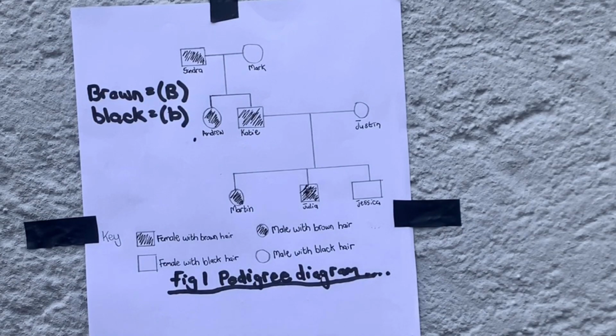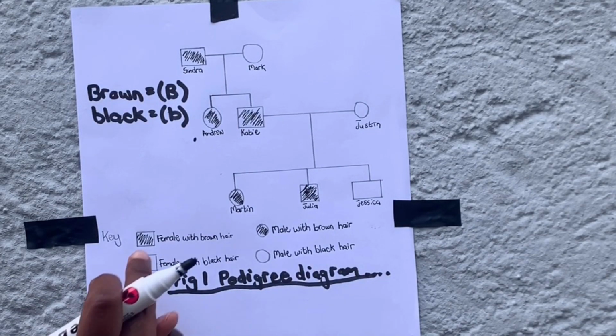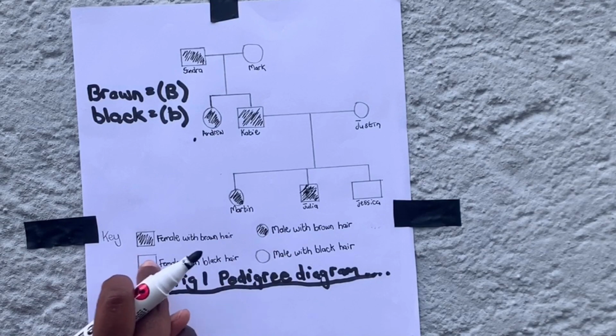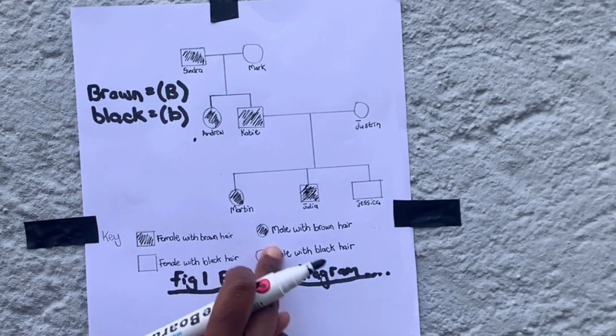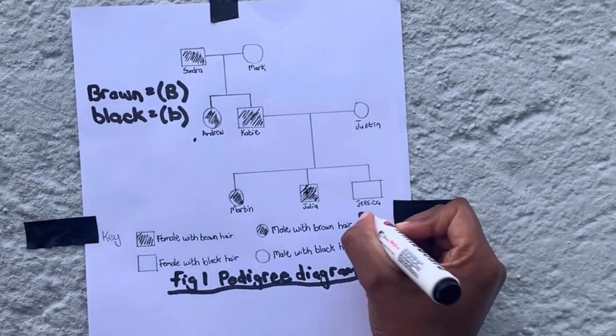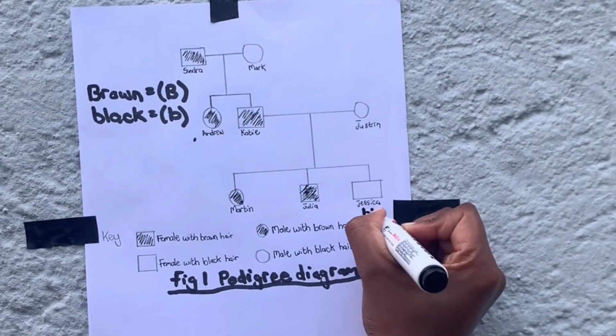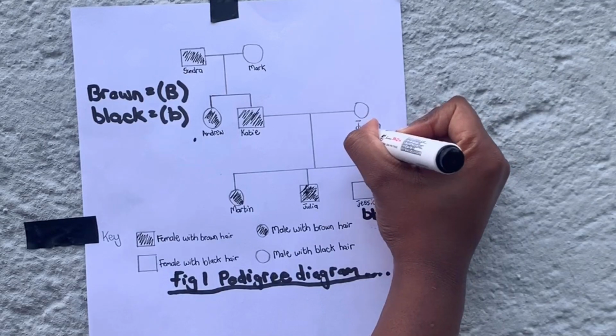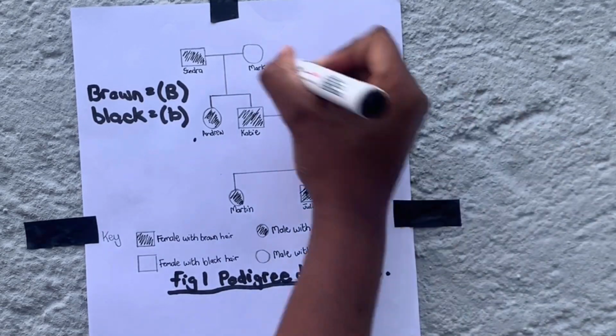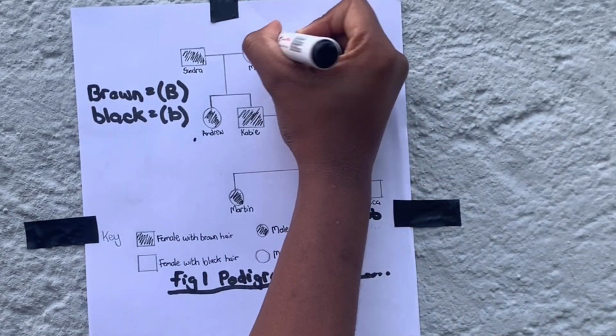So that's easy. We look at our key: everyone with black hair has a clear square or circle. So that is Jessica's genotype, that is Justin's genotype, that is Mark's genotype.